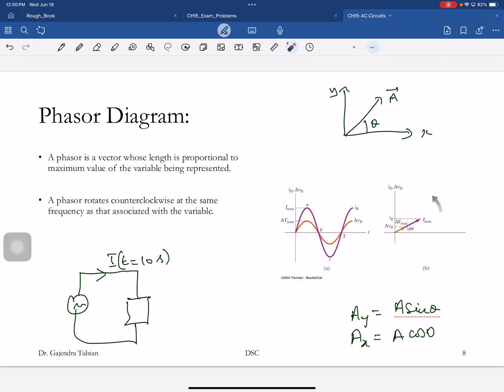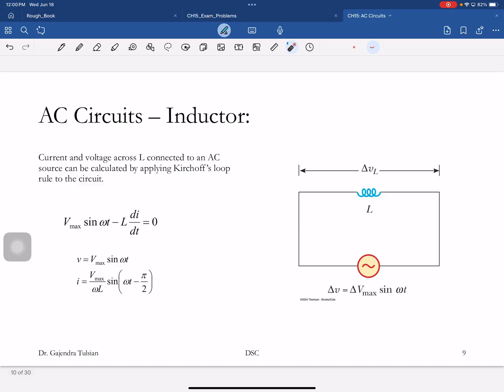You will see we'll use this technique for one circuit. You'll need this later on for more complicated circuits, but you'll see the use of it in one instance.